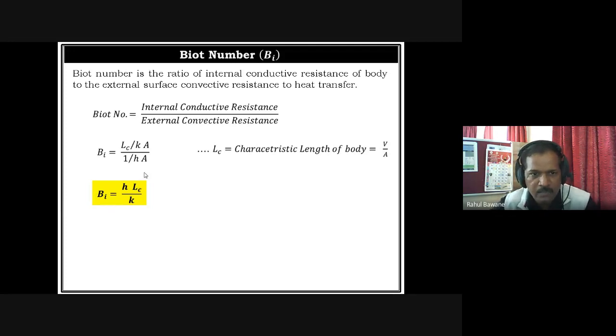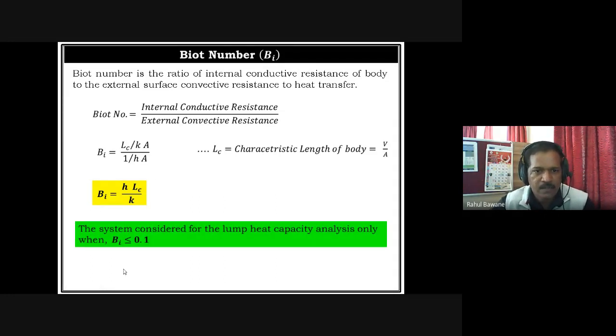And each time for every numerical under lumped heat capacity analysis, we have to use this formula, Biot number hLc upon k. And the system is considered for lumped heat capacity analysis only when the Biot number is equal to or less than 0.1.